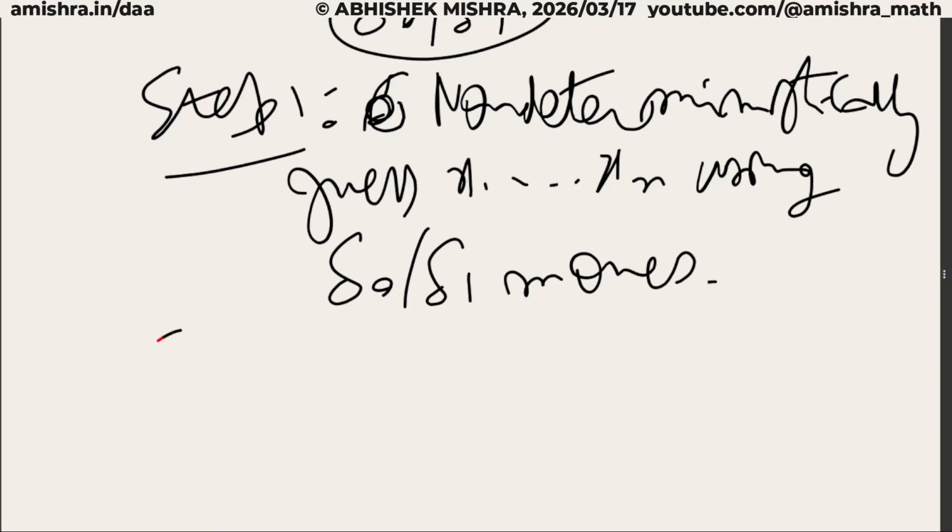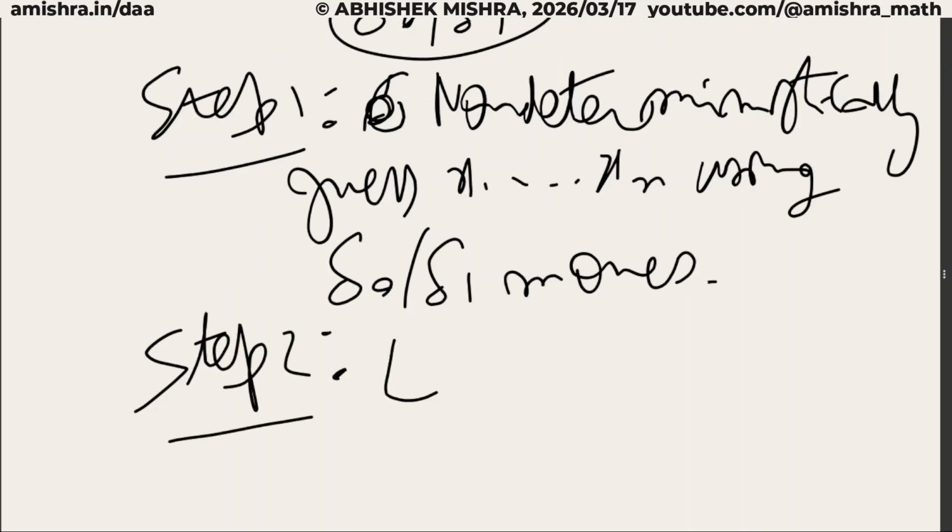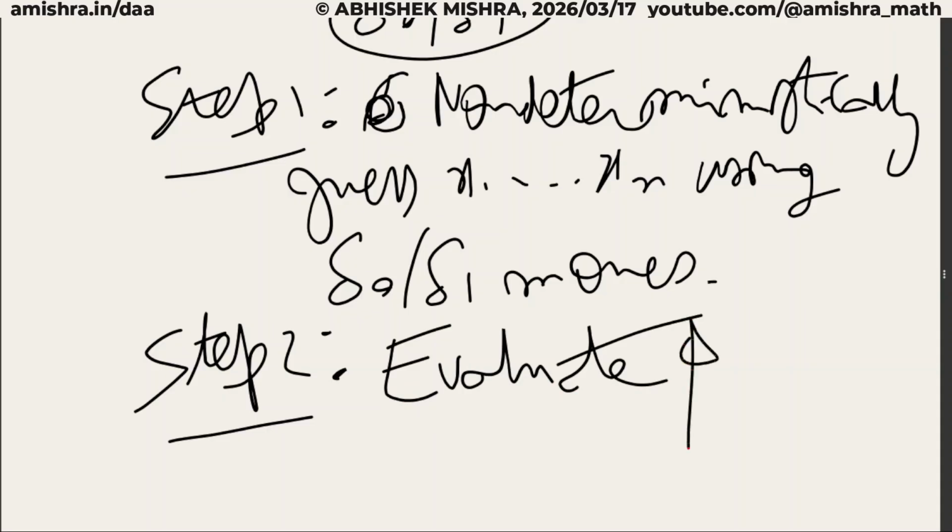Step 2 is very simple. This is the only non-deterministic step. Step 2 is evaluate phi of x1 up to xn.